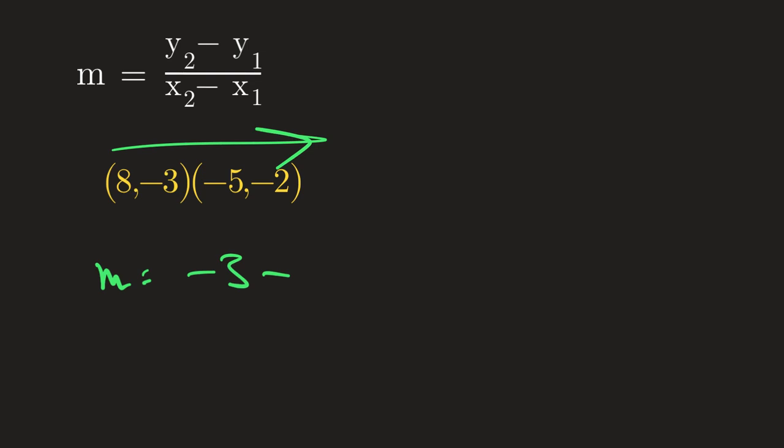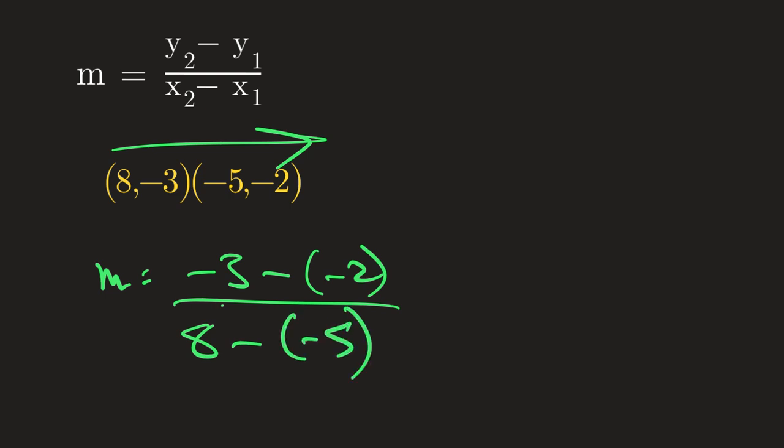Negative 3 minus negative 2. On the bottom, you're going to go 8 minus, put that negative sign behind that first number, 8 minus negative 5.